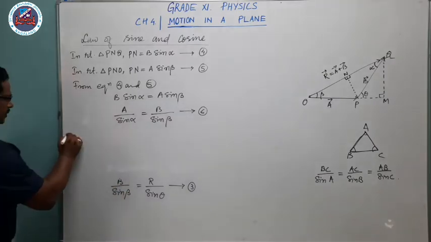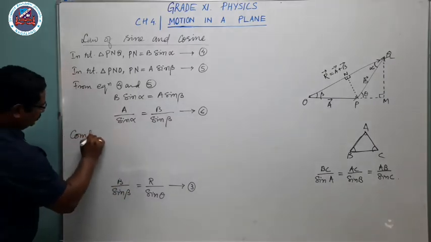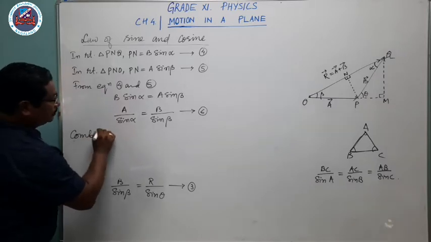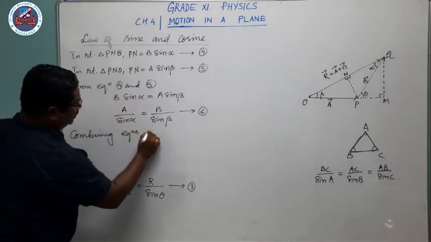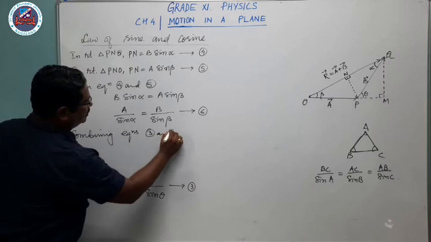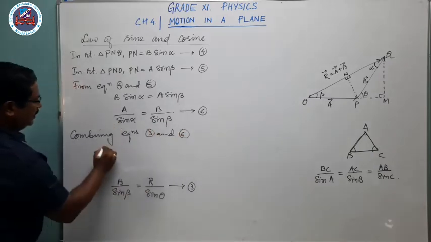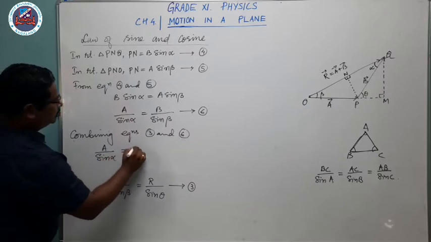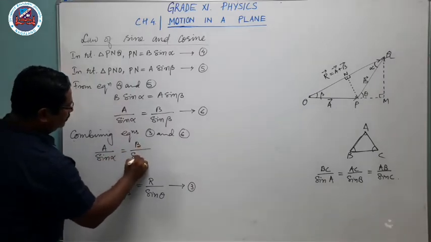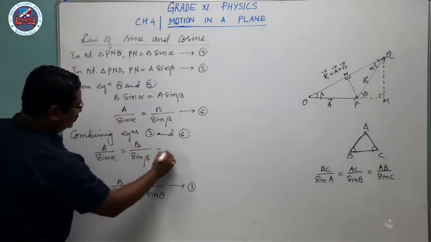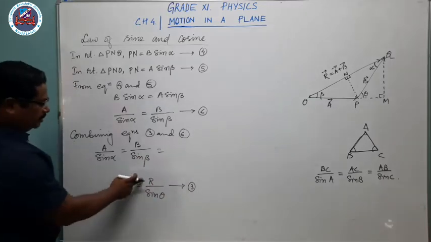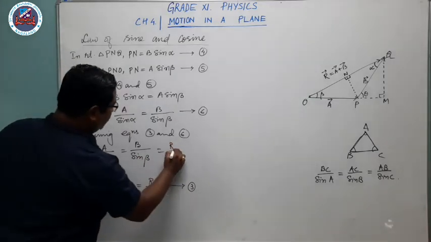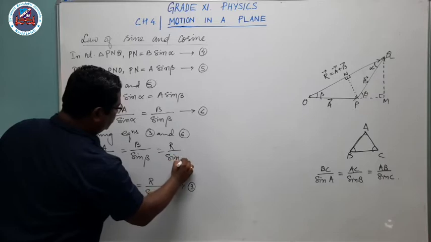We can make it like this, combining equations 3 and 6. We can write: A by sine alpha is equal to B by sine beta is equal to R by sine theta.